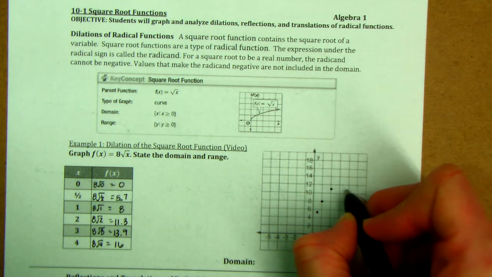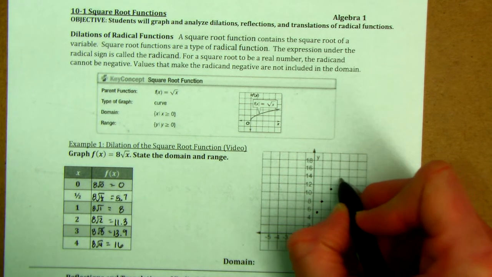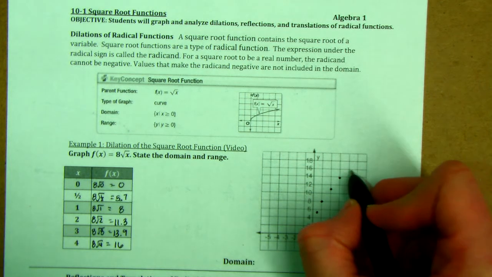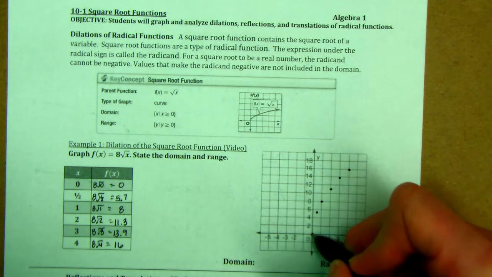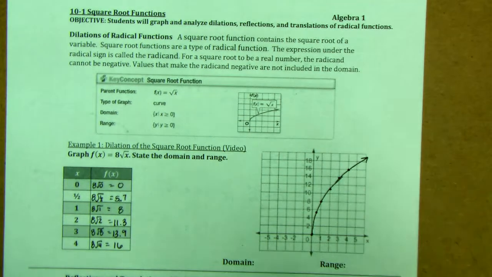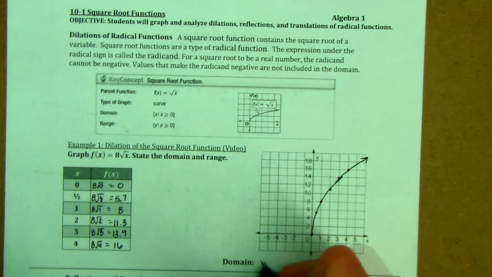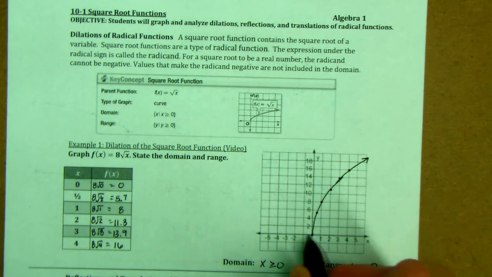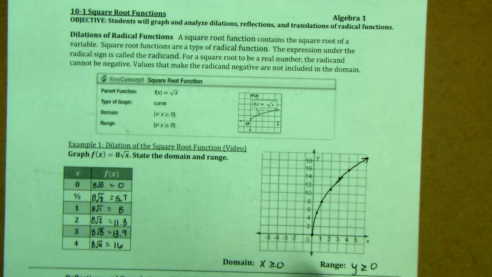And 4 gives me 16. So there you have it. It's going to continue going like so. Our domain, x has to be greater than or equal to 0, and so does y, because that's where this starts. And x is going to the right, so it has to be greater than or equal to 0, and y is going up, greater than or equal to 0.